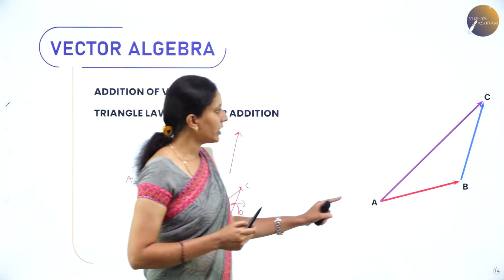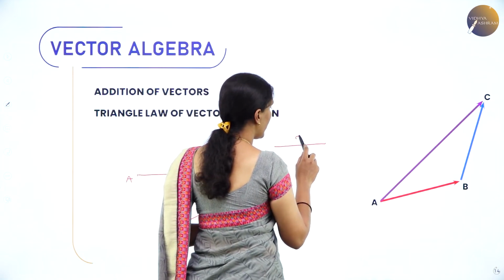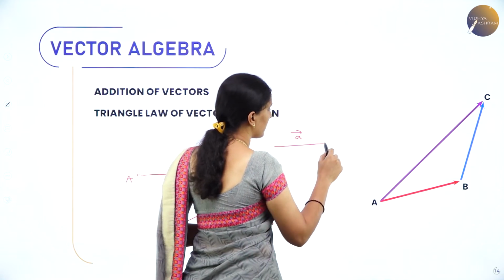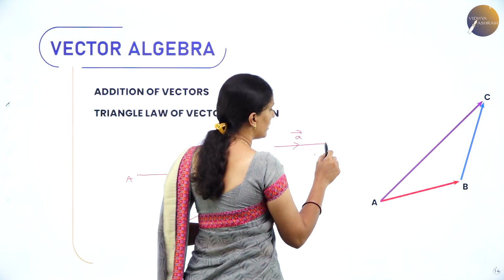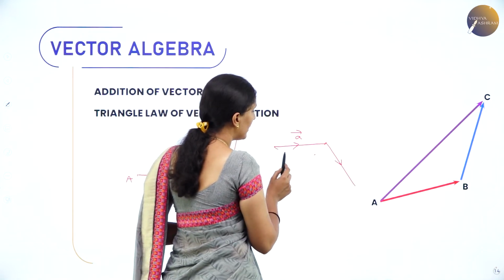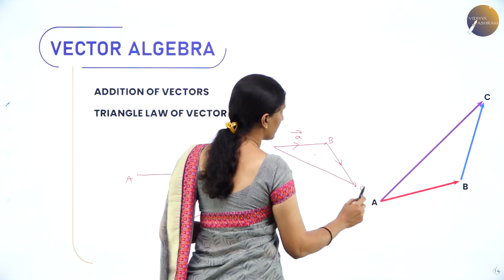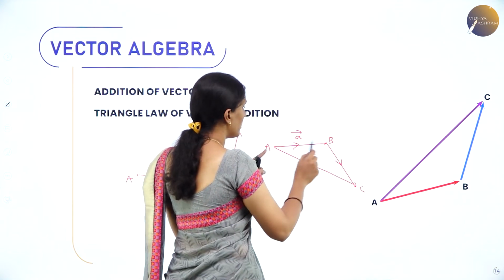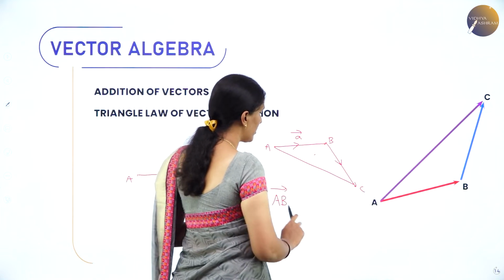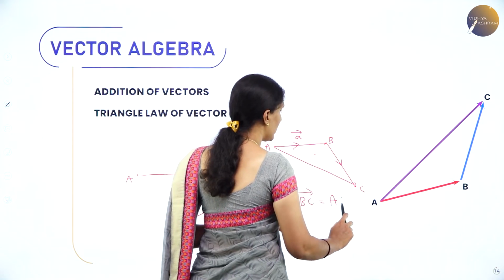Suppose I change the direction of vector BC here. See clearly, this is vector A. When I change the direction of vector BC like this, then the resultant vector here, this is B and this is C, this is A. So this is vector AB and vector BC, which is equal to vector AC.